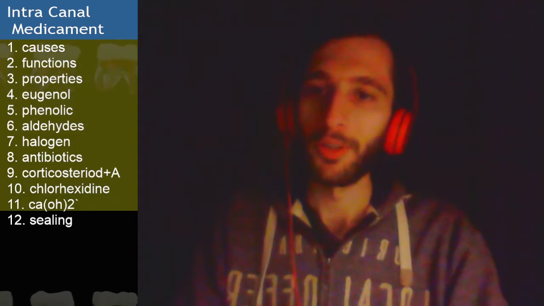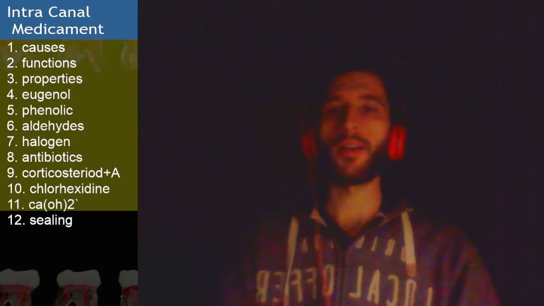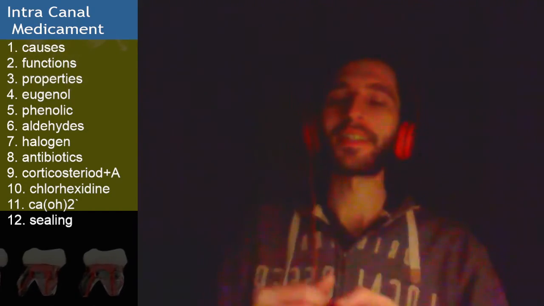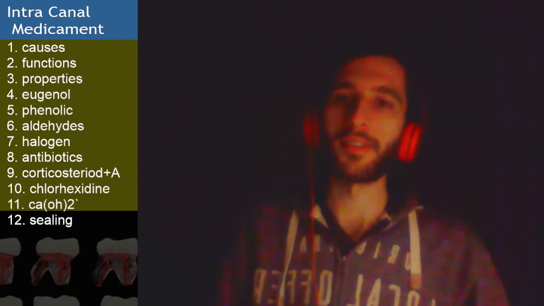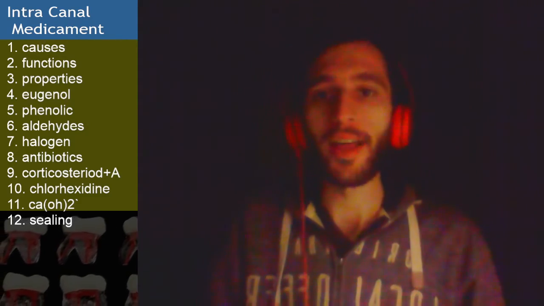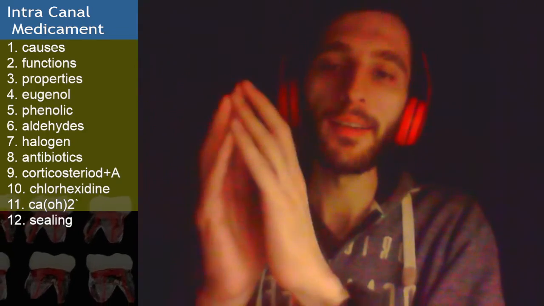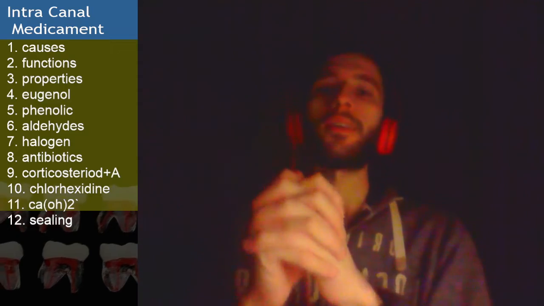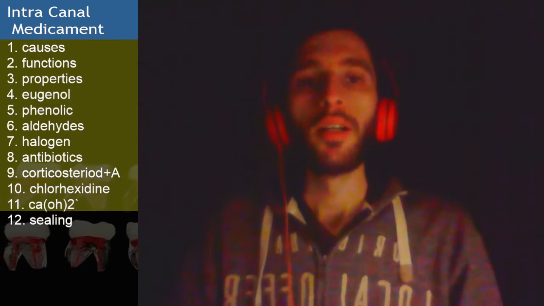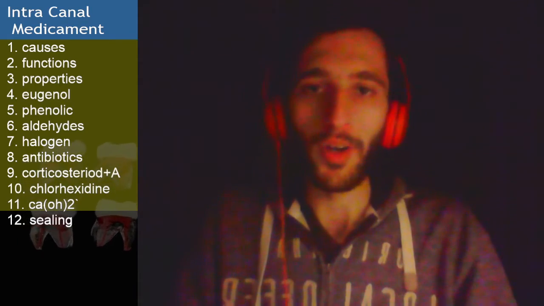Moving on to calcium hydroxide, let's talk about its advantages first, and then we go to its limitations. Its advantages are that it has antimicrobial activity against bacterial cells in a limited area, and induction of hard tissue formation.